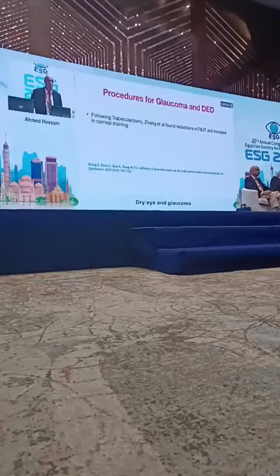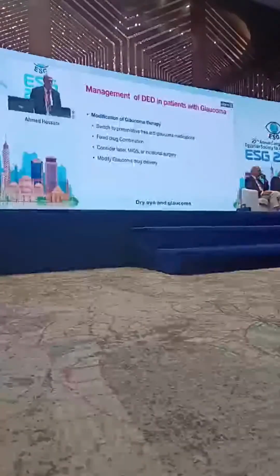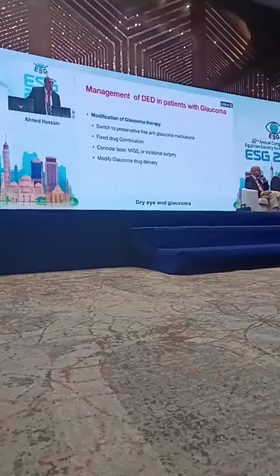Not only the medications for glaucoma lead to dry eye disease, but also surgical interventions like trabeculectomy were found associated with reductions in tear breakup time and increase in corneal staining, mostly due to Dellen formation. So how to manage this problem? First, we can modify our glaucoma therapy.